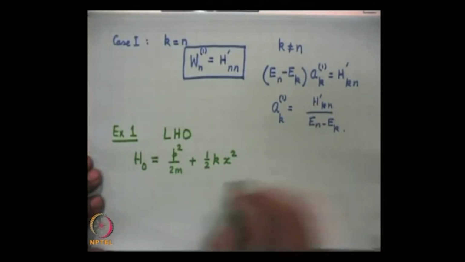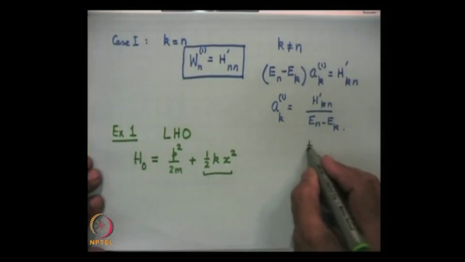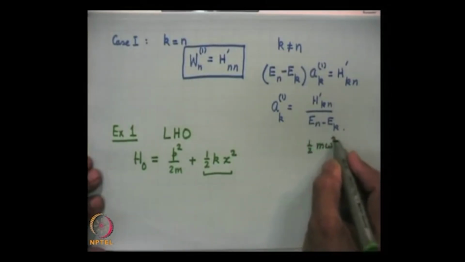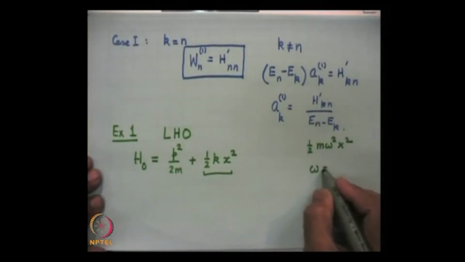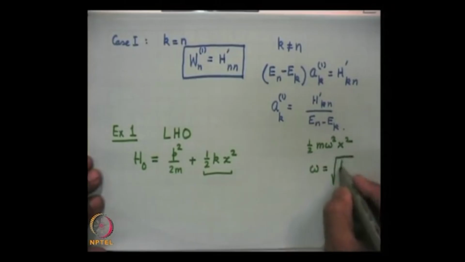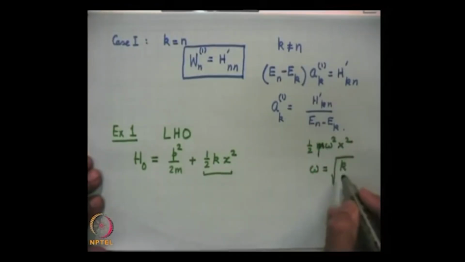This is the potential energy corresponding to the linear harmonic oscillator, and one can write this as half m omega square x square. So the frequency omega is equal to under root of k by mu, where let me use the symbol mu for the mass.